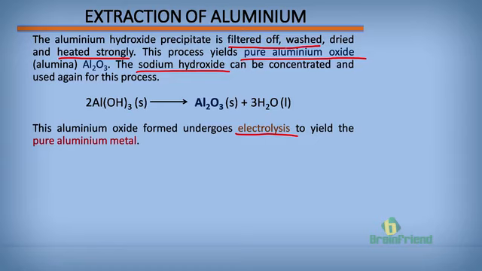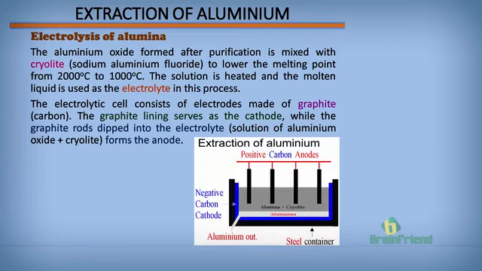Now, that aluminium hydroxide that precipitated out of the sodium aluminate was filtered off, washed, dried, and heated again. It was after it was heated that it yielded pure aluminium oxide. Now, this pure aluminium oxide is what is going to undergo electrolysis for pure aluminium metal to be formed. Now, let us look at the second stage, which is electrolysis of alumina.